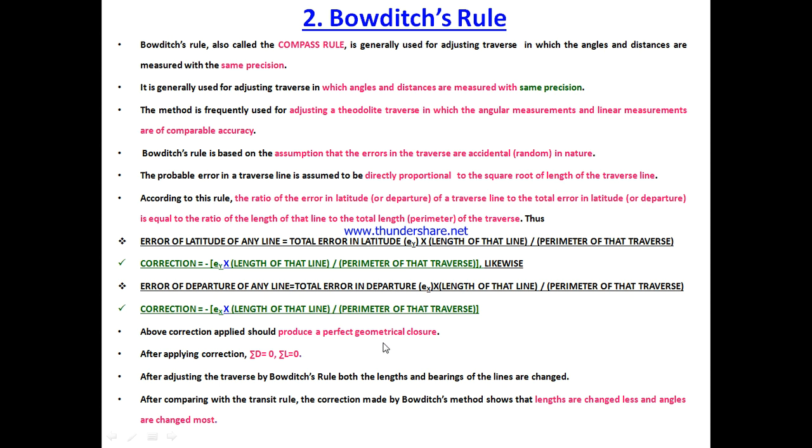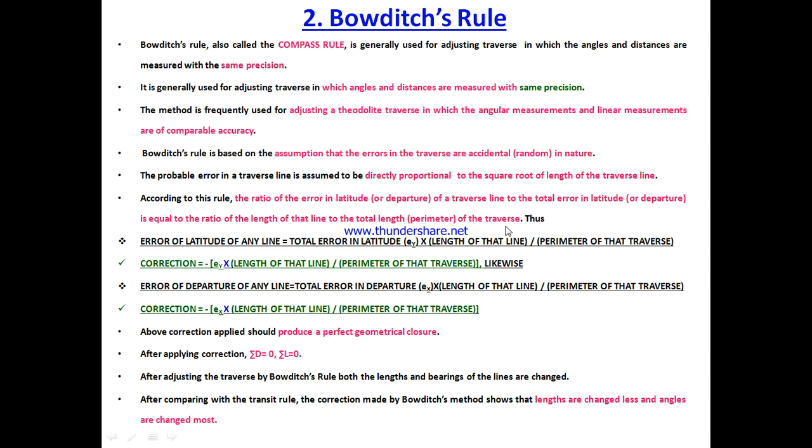So these 2 points we have to keep in mind before making the computation with the help of this rule. Now according to this rule, the ratio of the error in latitude or departure of a particular traverse line to the total error in latitude or departure is always equal to the ratio of the length of that line to the total length of the traverse.